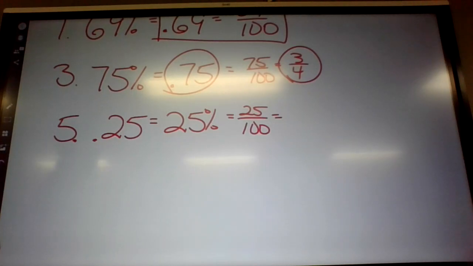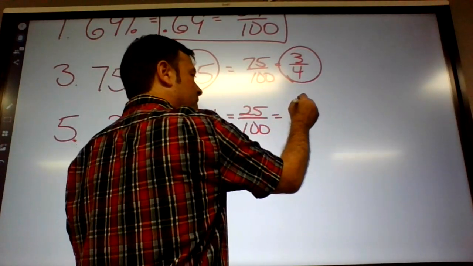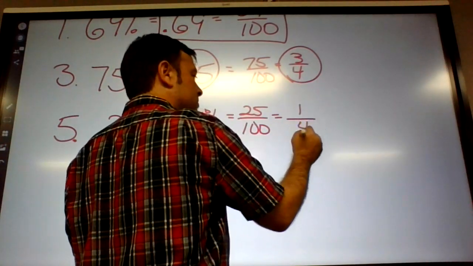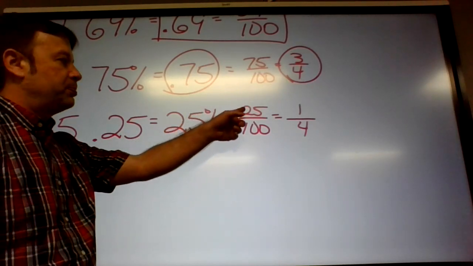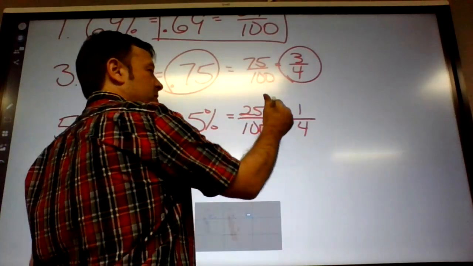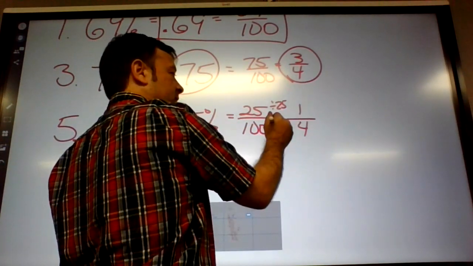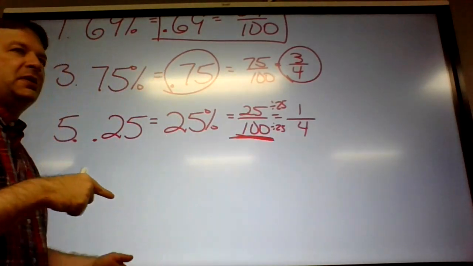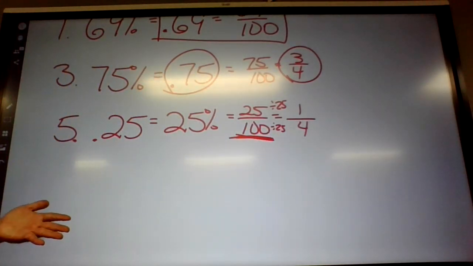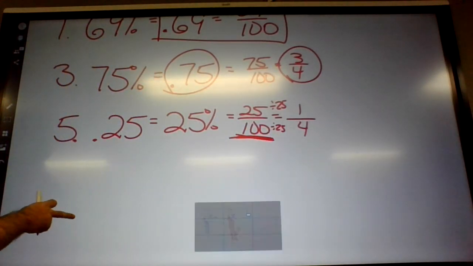It's 1/4 of a dollar. That's why a quarter is called a quarter, because a quarter means 1/4. If you're not sure, basically what we did was divide both of these by 25. But you don't have to do that. You can just put this in your calculator, hit the fraction button, and hit equals, and it automatically reduces it for you.